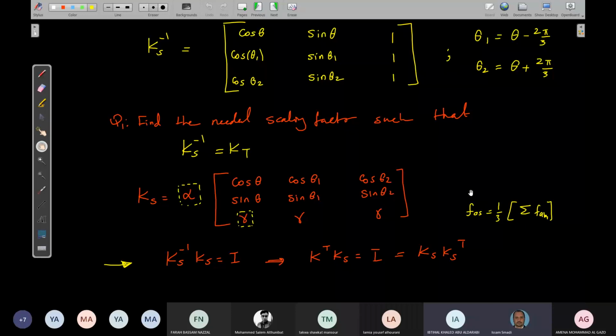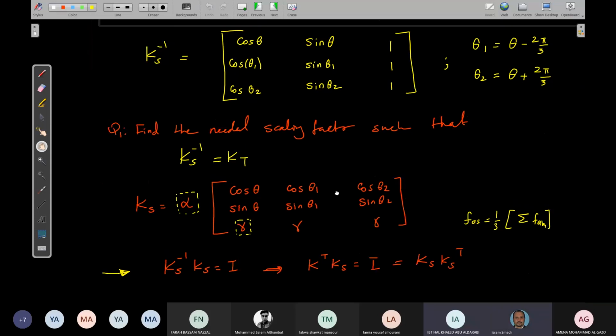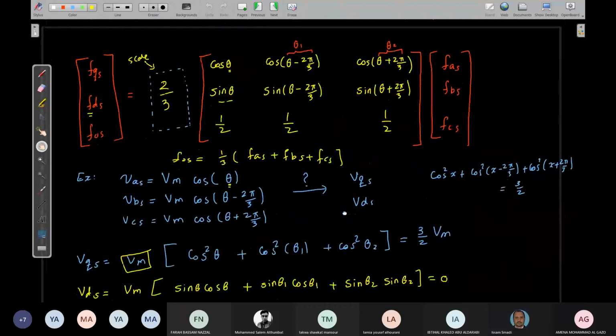So if this is the case, I will change the 2/3 to alpha. And simply, in order to find alpha, I will say that Ks multiplied by Ks transpose, which is the inverse, will equal the identity matrix. Now, what I'm asking you is to find the value of alpha and gamma. Is it difficult? We just multiply them and find alpha. Simply, you will use those identities.